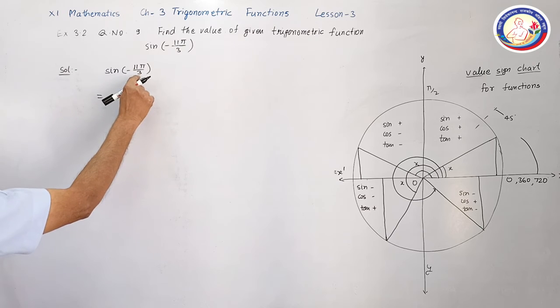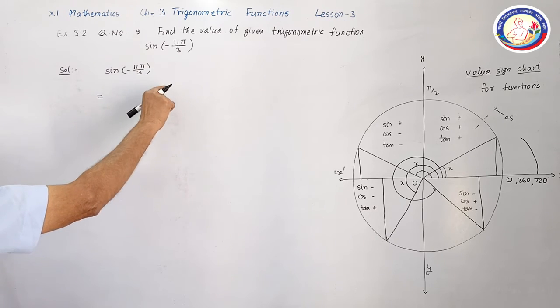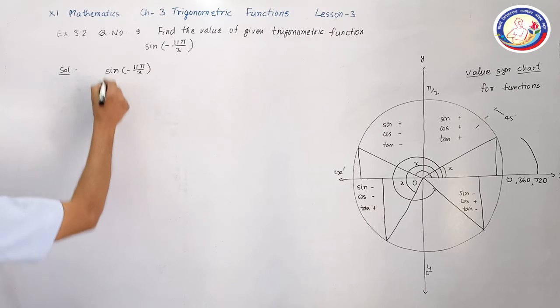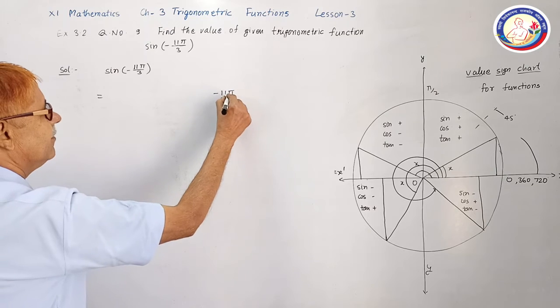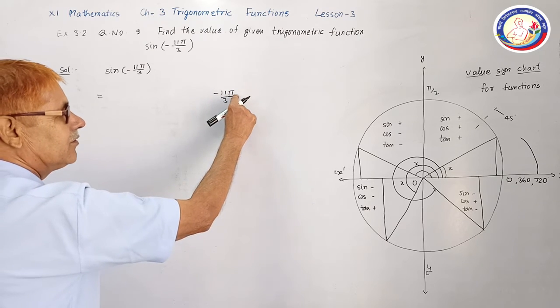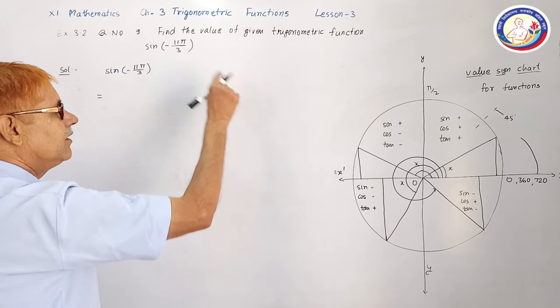So what is the next complete multiple of 2 pi? For minus 11 by 3 pi, we can divide it 3 times, so 4 pi is the angle which will make it positive.